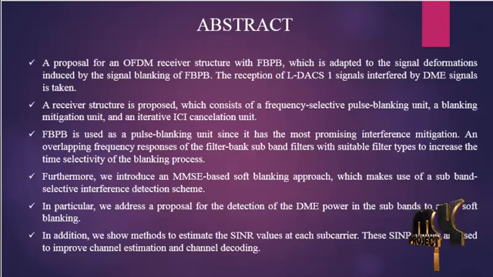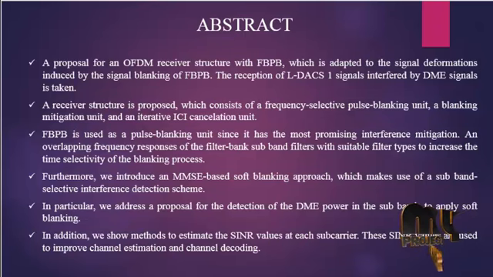FPBB is used as a pulse blanking unit since it has the most promising interference mitigation and overlapping frequency responses of the filter bank subband filters with suitable filter types to increase the time selectivity of the blanking process. Furthermore, we introduced an MMSE based soft blanking approach which makes use of a subband selective interference reduction scheme.